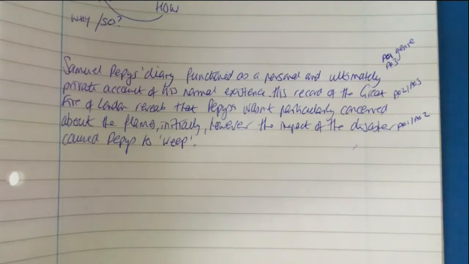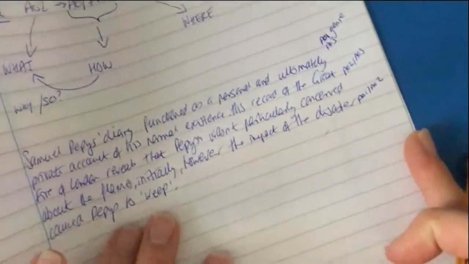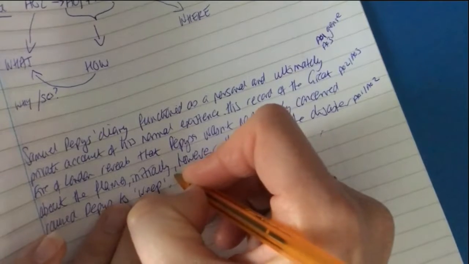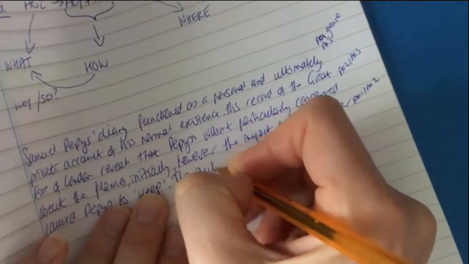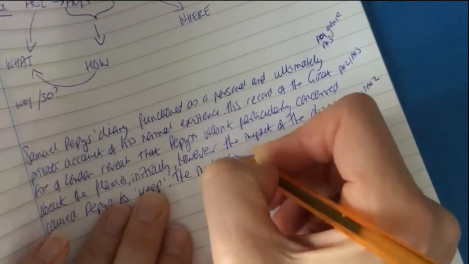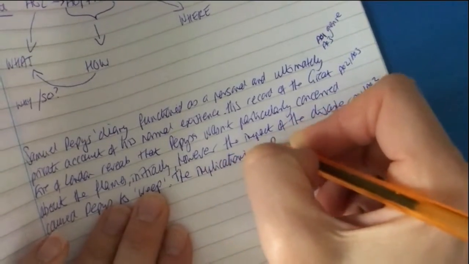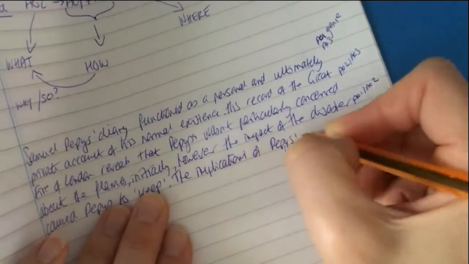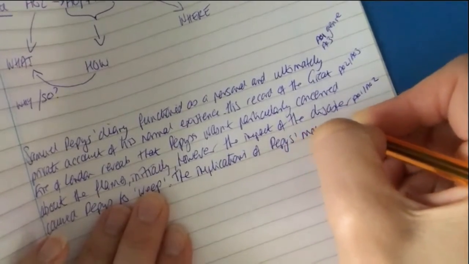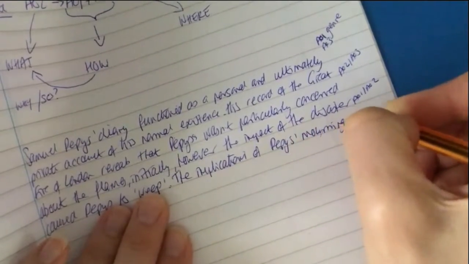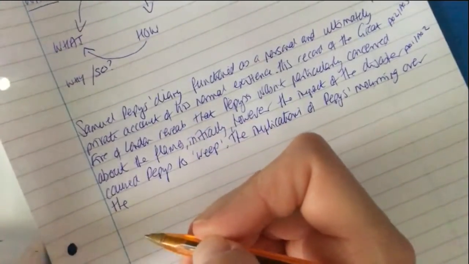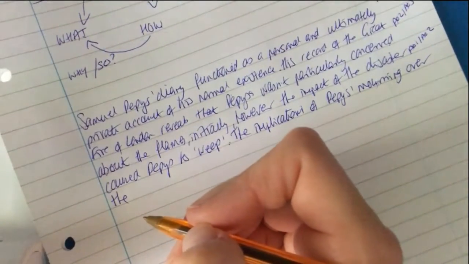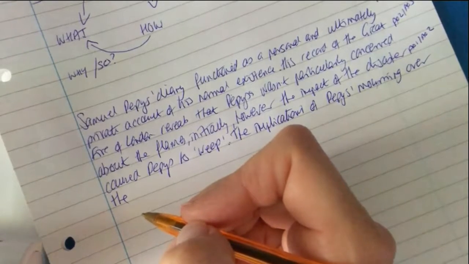Implications of mourning. Nice. The implications of Pepys's mourning over what? The suffering of London. The loss of London? The loss of what in particular?